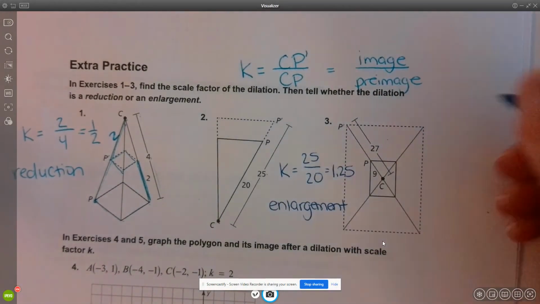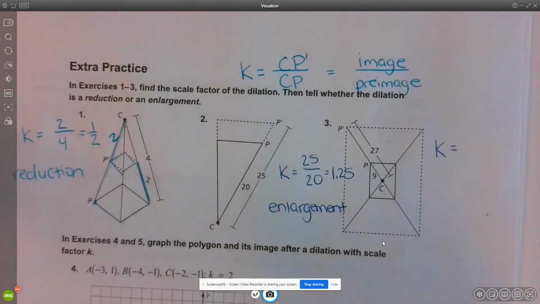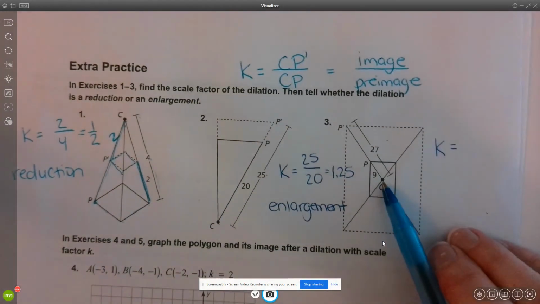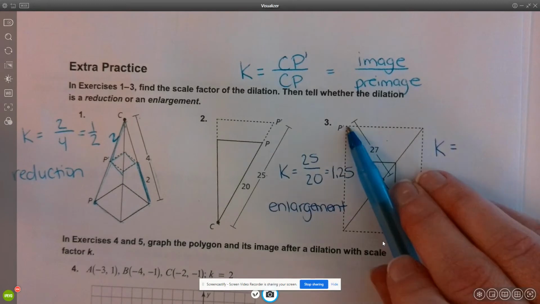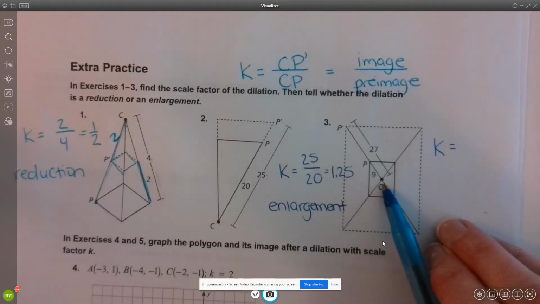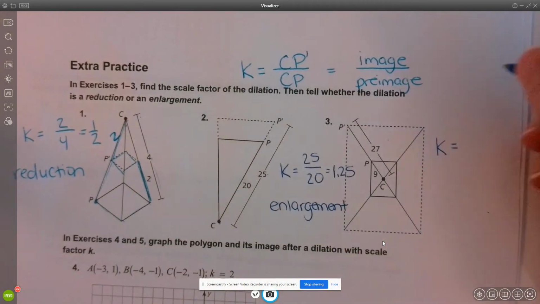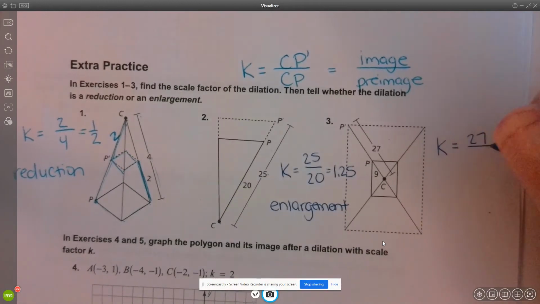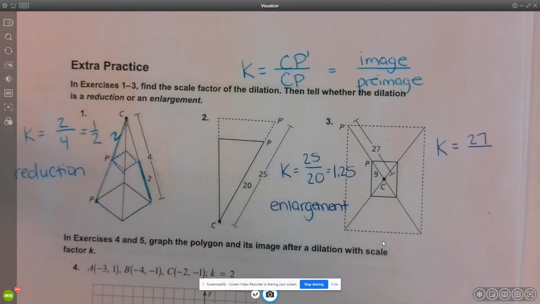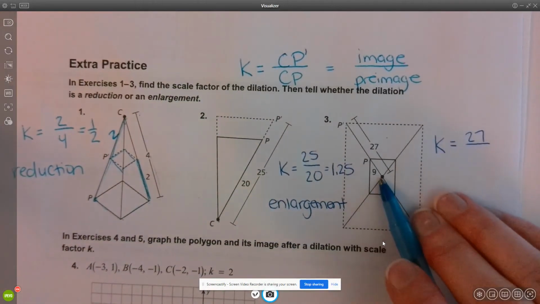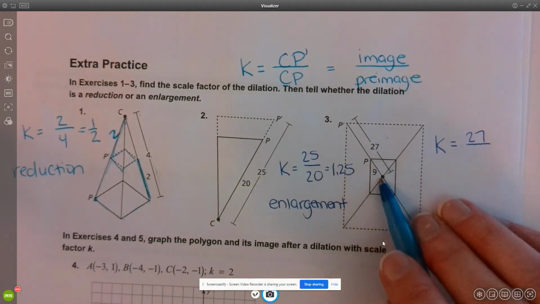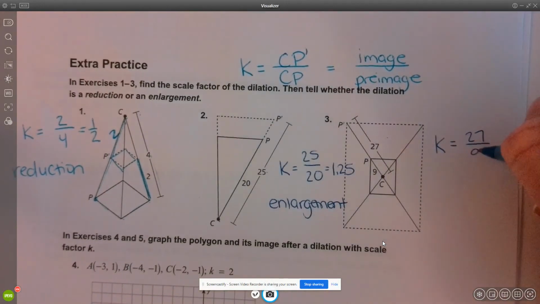All right, and number 3, again, we're going to find the distance from the center of dilation to the point on the image. So from C to P prime, that's a distance of 27. And we're going to divide that by the distance from C to P, the point on the pre-image. That distance, they tell us, is 9.